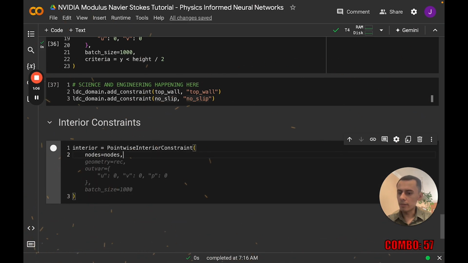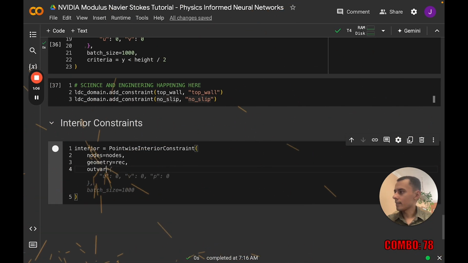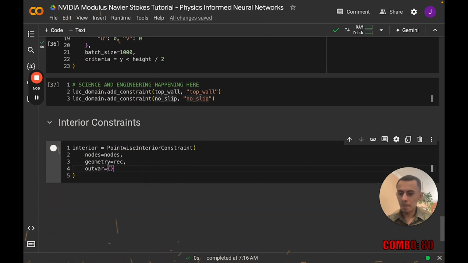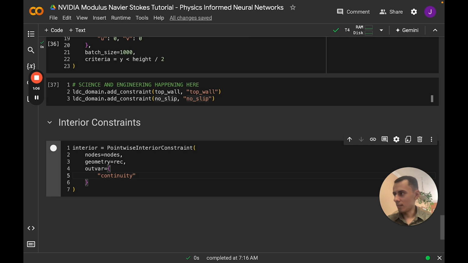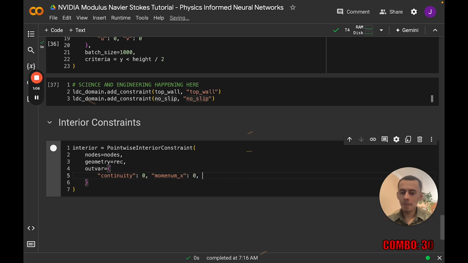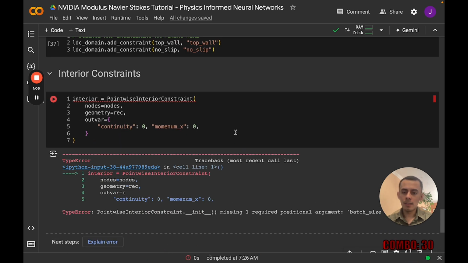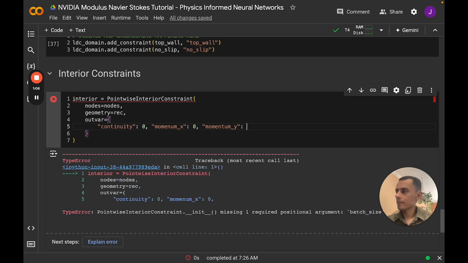Nodes equals nodes, geometry equals rectangle. That's just a requirement. The important part is what the outvar is. So the continuity equation gotta be 0. The momentum x mathematical model gotta be 0. And the momentum y gotta be 0.